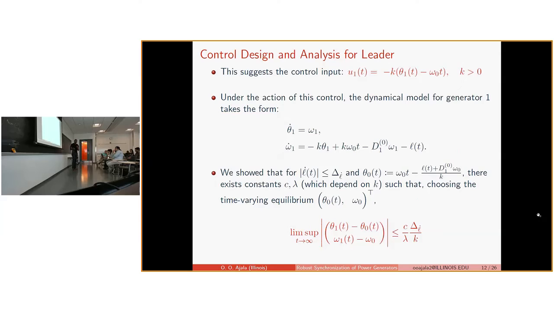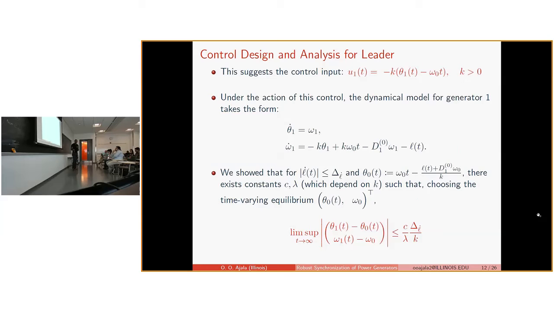Then there exist the following constants, which depend on k, such that choosing the time-varying equilibrium, we have this upper bound. So what we're able to do here is characterize the behavior of this control system by this upper bound.